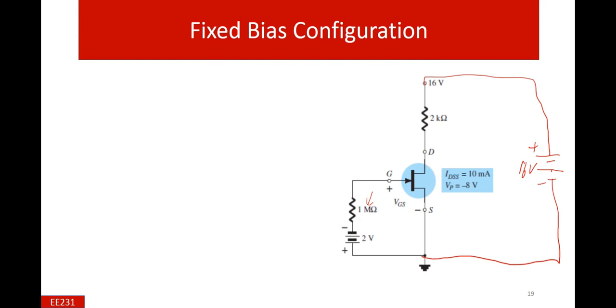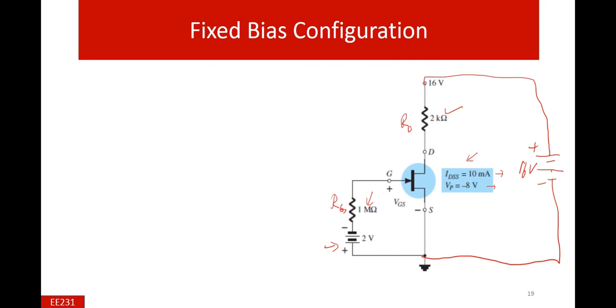The value of RD, this is RG and this is RD, is 2 kilo ohms, and the given data is the maximum saturation current, the drain current IDSS, which is 10 milliamperes, and the pinch-off voltage is -8 volts. We are applying -2 volts across the gate terminal with respect to the source.